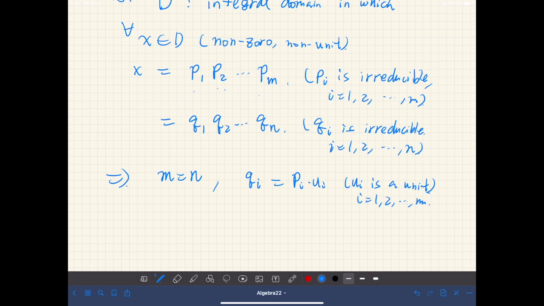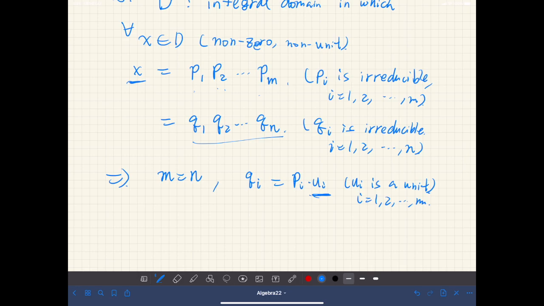So that means up to the unit factors, we can express these non-zero non-unit elements of D as a product of irreducible elements in a unique manner.